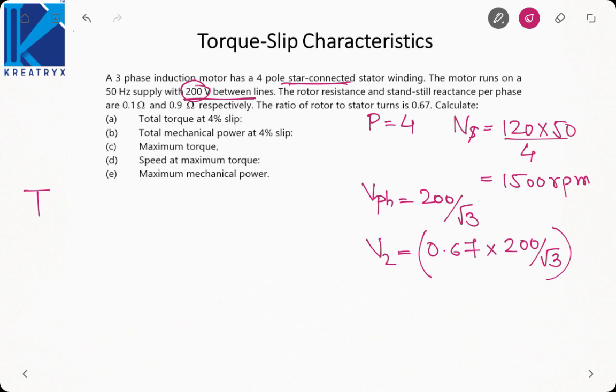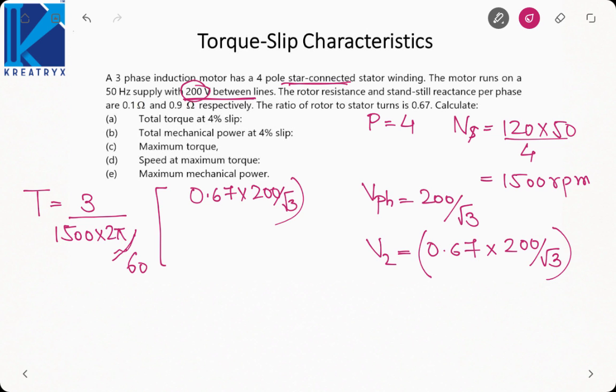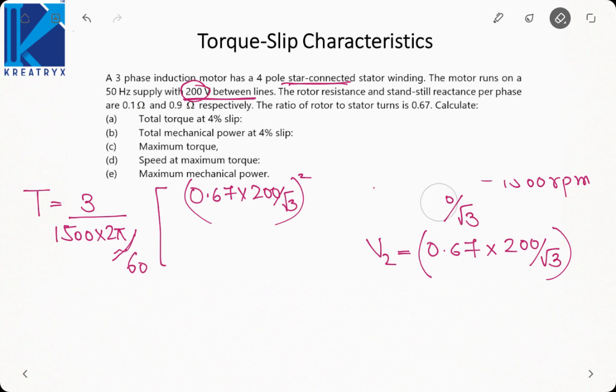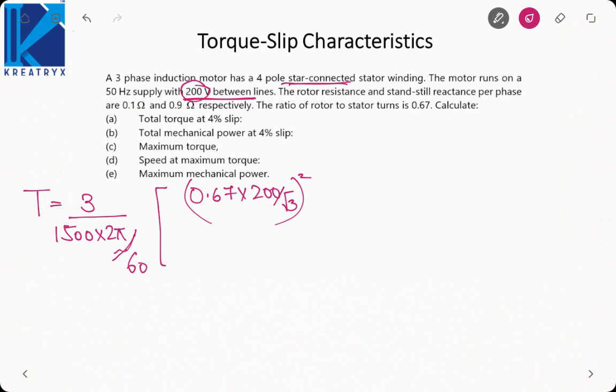So torque will be 3 by omega s. How to calculate omega s? 1500 into 2 pi by 60 to convert it to radian per second. V2 square, which is (0.67 into 200 by root 3) square, into R2 by S. R2 is 0.1.